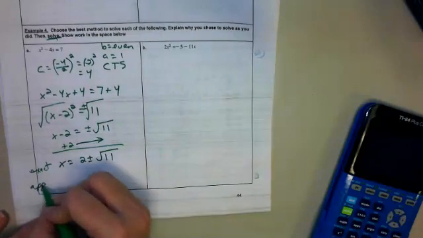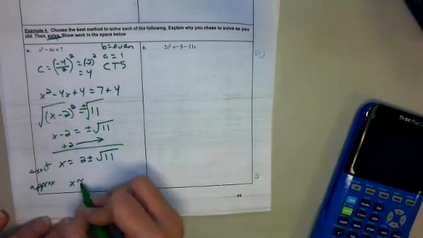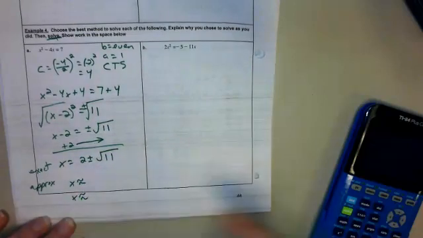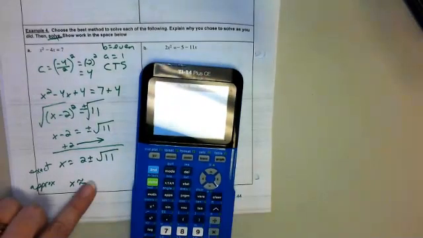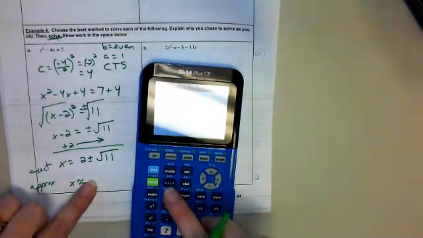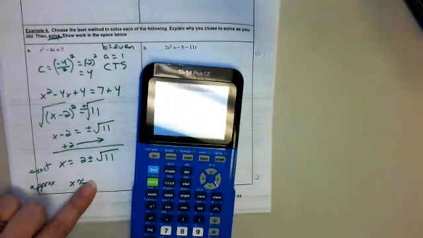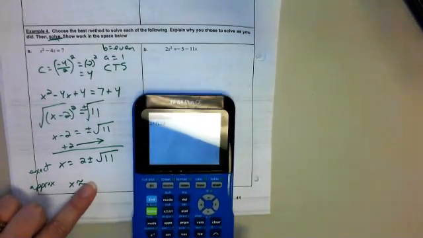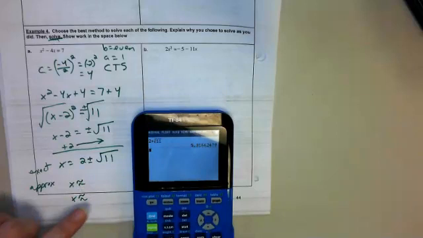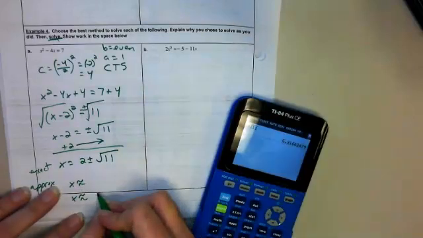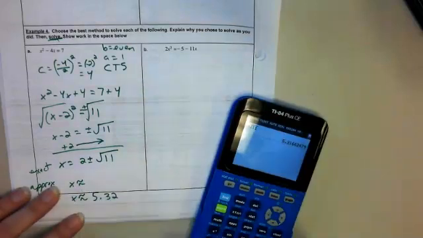And then I need my approximates. I'm going to take my calculator, and I'm going to do 2 plus the square root of 11. Let's see if you can see that. Let's get that glare out of there, which is going to give me 5.32. I'm going to put that down below because I want to go in ascending order.